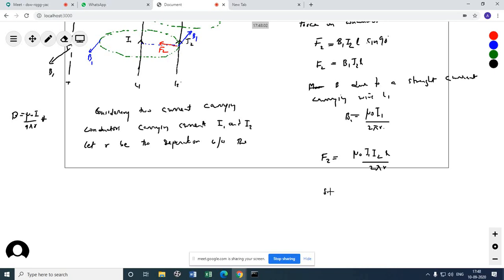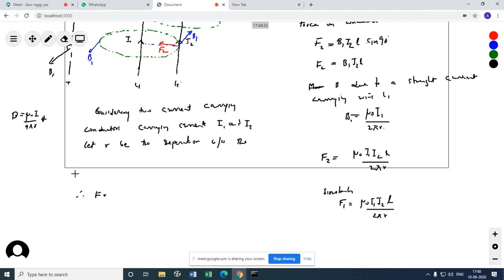Similarly, you can prove that F1 will be equal to mu naught I1 I2 into L by 2 pi r, because both of them are complementary to each other. That means both of them are symmetrical. One is in the magnetic field of the other, and the other is also in the magnetic field of the first.